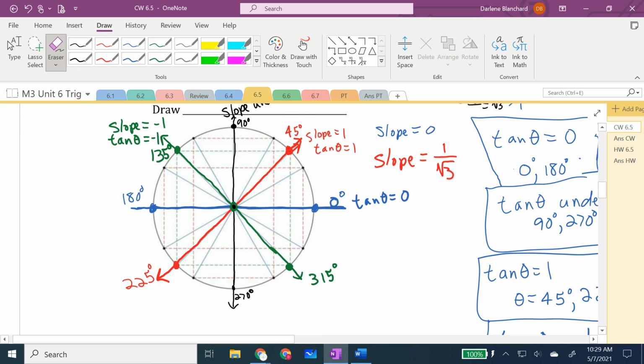Now, I want to bring in cotangent at this point. And cotangent is tangent's reciprocal. When I'm at this point on the unit circle, I have x coordinate 1, y coordinate 0. The slope, the y over the x, is 0.